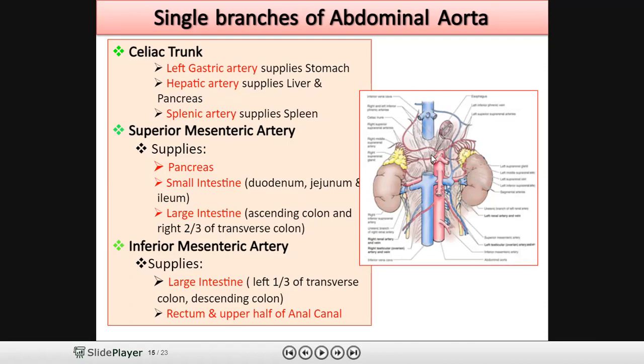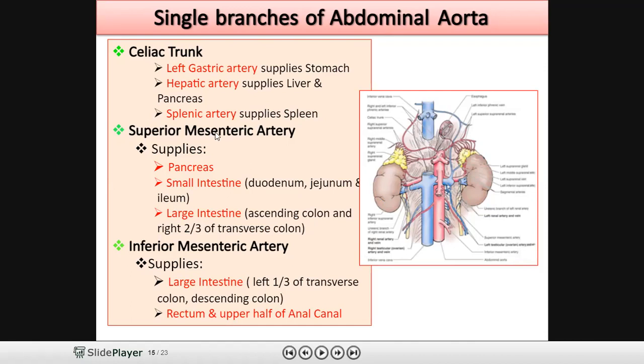So here we're supposed to have the celiac trunk, which will give rise to three main branches. One going to the stomach will be the gastric artery, one going to the liver will be the hepatic artery, and one going to the spleen will be the splenic artery. So here you have the celiac trunk with these three branches. So that's the first branch of the abdominal aorta, the celiac trunk.